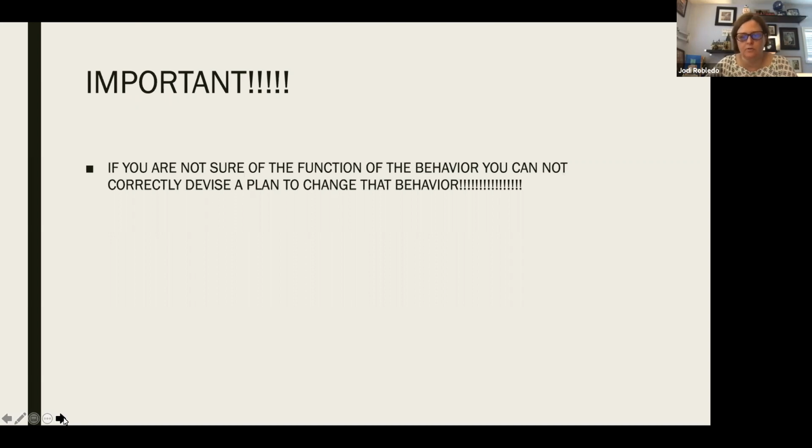So this is also the area that relationship-based support comes in so strongly, because if we don't have a relationship with the kids we're working with and we don't understand their life and their challenges and their strengths, then we're not going to be able to support their behavior, because we don't understand everything that is going on in their life.